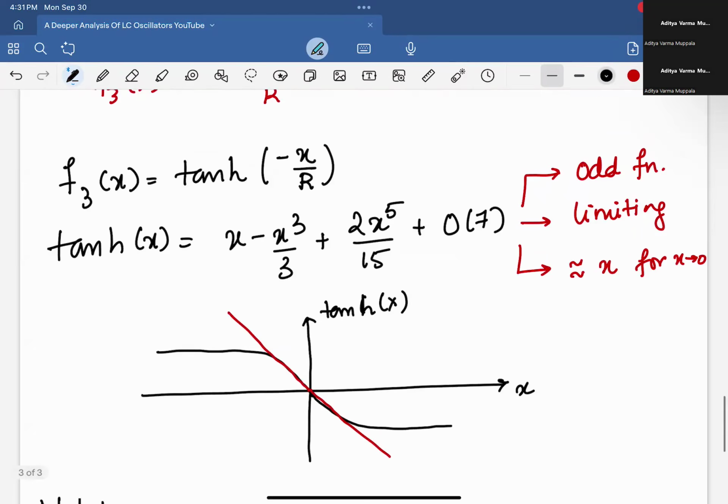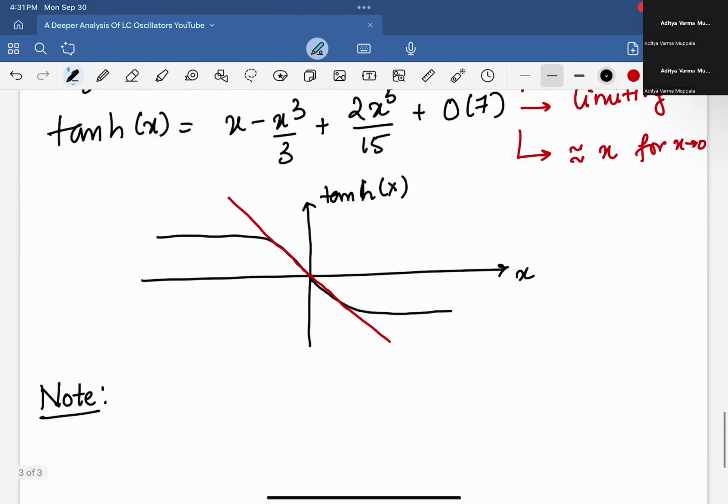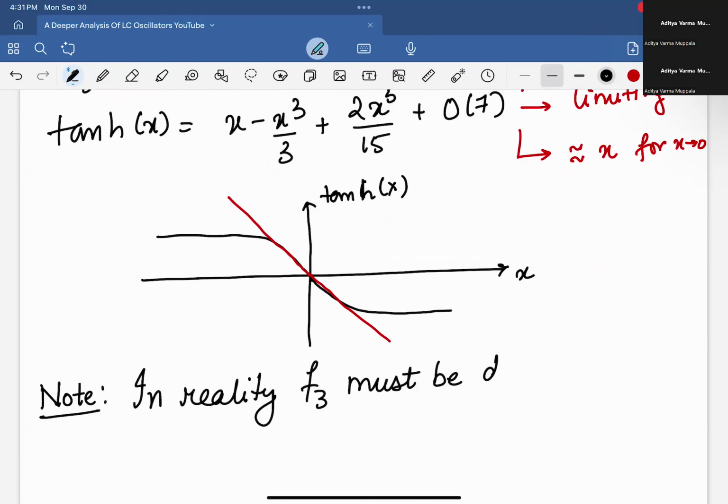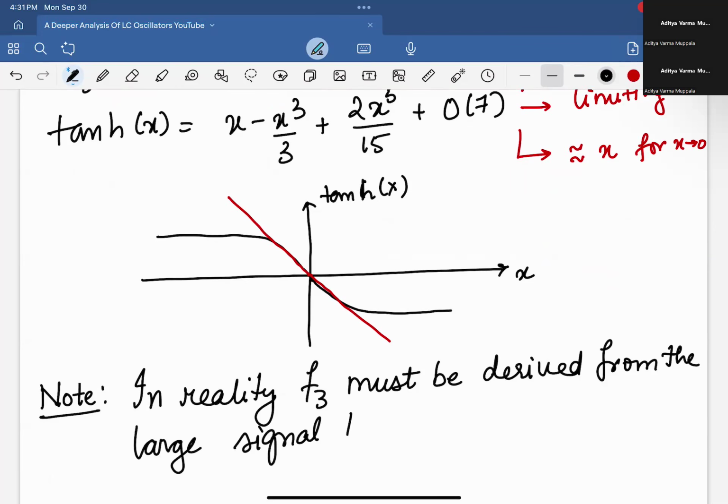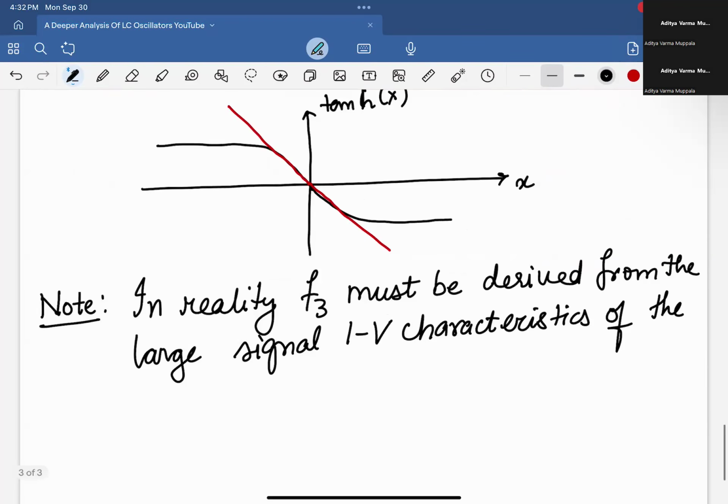I've taken a specific example of tanh, but in reality, F3 must be derived from the large signal IV characteristics of the active network.